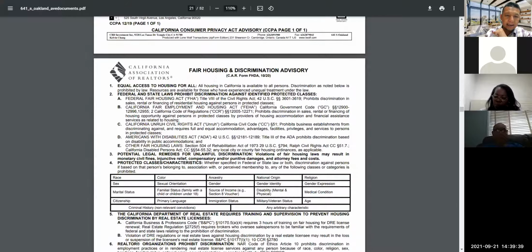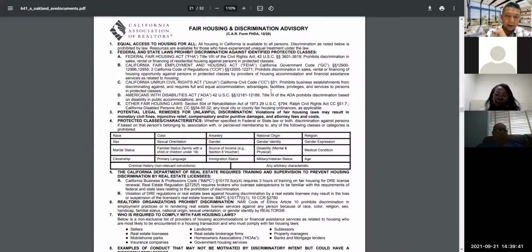One of the next things that's always required in the offers is called the FHDA, Fair Housing and Discrimination Advisory. This is nothing new, guys. We've been dealing with discrimination since the beginning of America, where the colonists were fighting against the Indians and taking away their land.